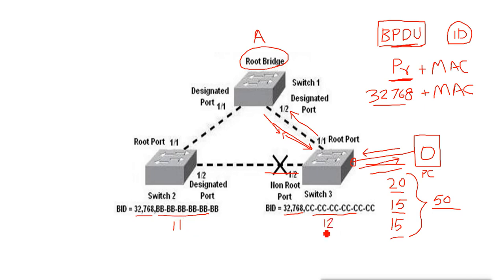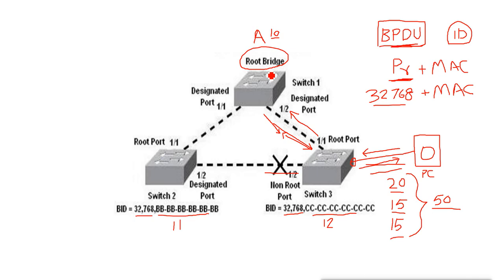Now when you see these numbers, which one is less than the others? The 10 is less than the other two. This is 11, this is 12, and this one is 10. So switch 1 will win the election because they all have the same bridge priority, but this one has a lower MAC address. So this switch will become the root bridge.